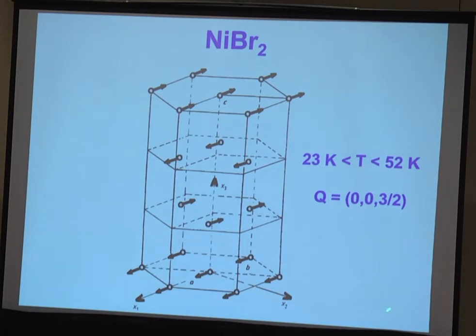It's a layered material with spins forming a triangular lattice, and between 52 and 23 Kelvin the interaction between layers is antiferromagnetic, so you have an A-type structure. That's because you also have easy-plane anisotropy, and so that might be part of the phase diagram where you can find, say, meron excitations.